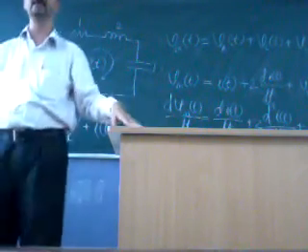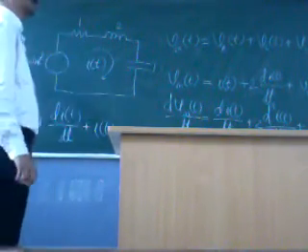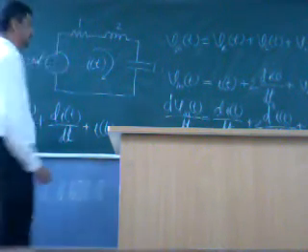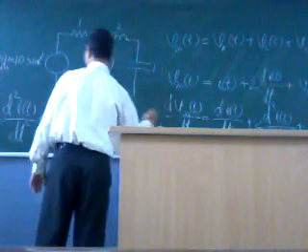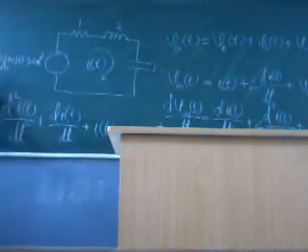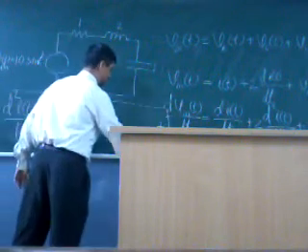So what is dV_in(t) upon dt? If V_in(t) is 10 sin t, dV_in(t) upon dt is 10 cos t.